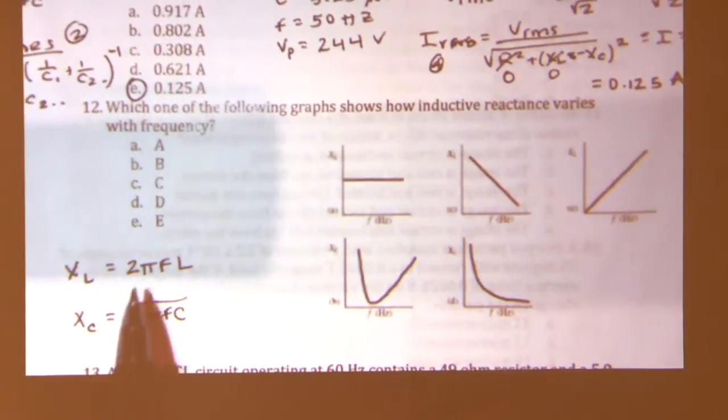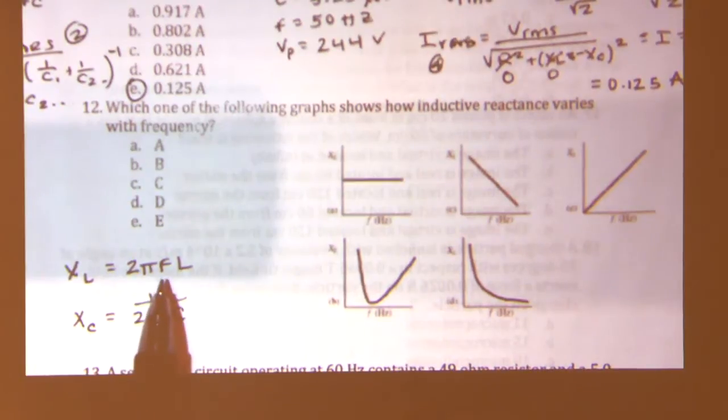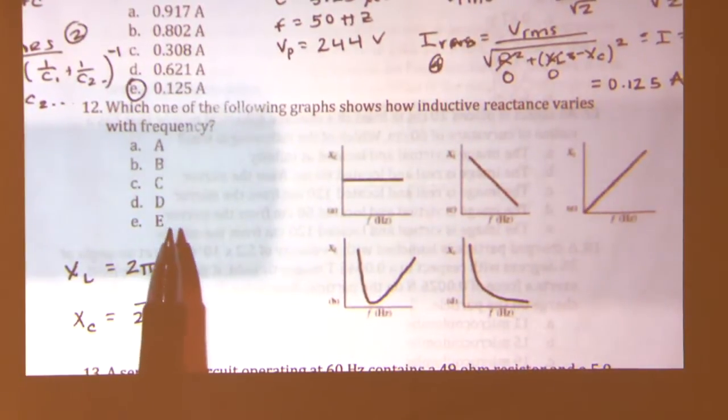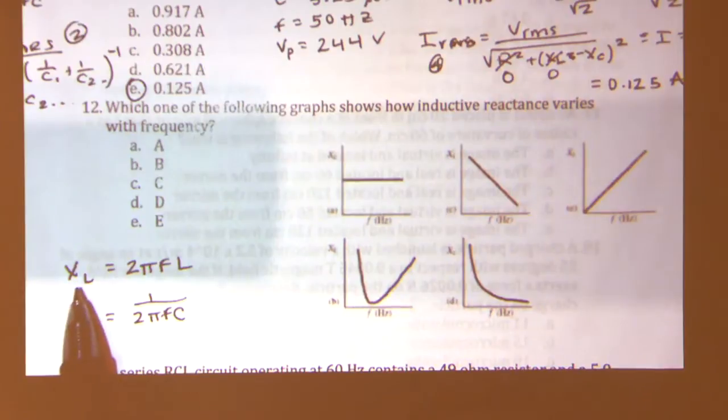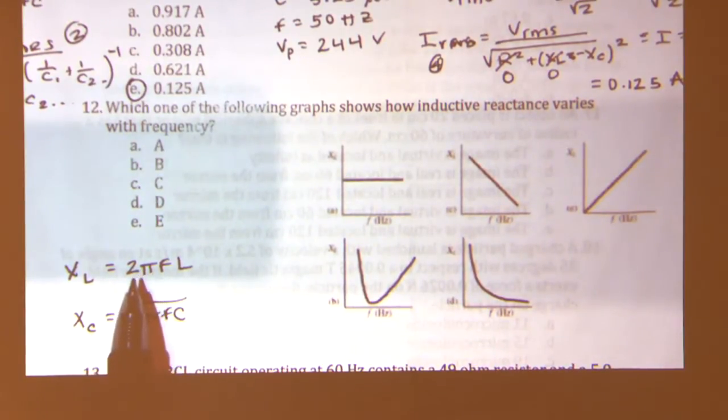When we look at the equation for XL, we see that if we increase frequency, XL will also increase, so they're directly proportional. Looking at XC for a moment, if we increase the frequency, XC will actually decrease, because if we increase the denominator, we get a smaller number.